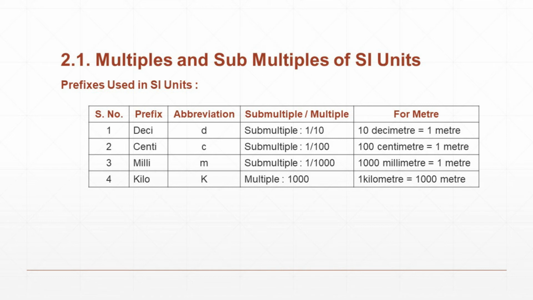Or with meter we add deci. Or before meter we add kilo. Like that, we are adding some group of letters before the word. That is called a prefix. Prefixes used in SI units.